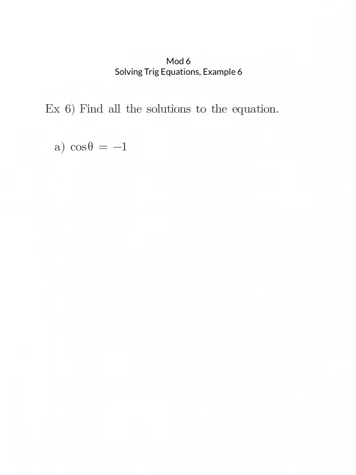There is only one angle when you are making a single revolution around the unit circle where the cosine is -1. So just like we were doing earlier, we will write theta equals, what angle does cosine equal -1? It happens at the angle of pi.